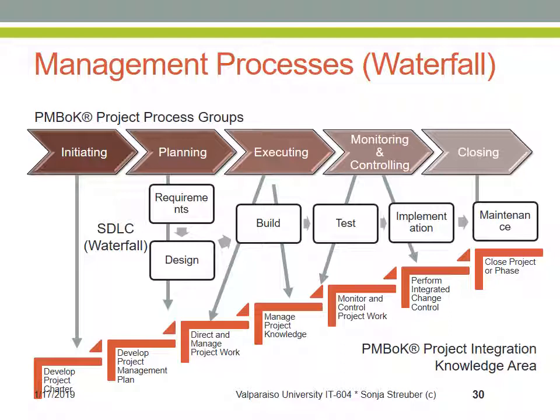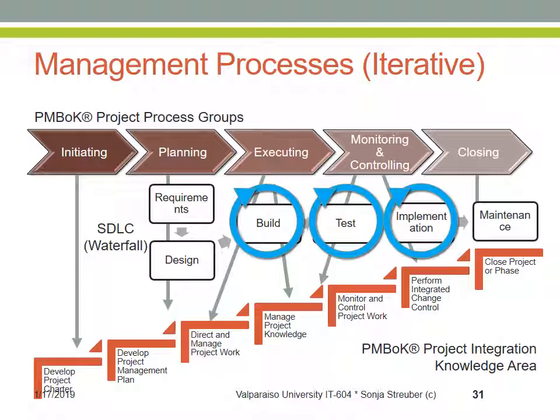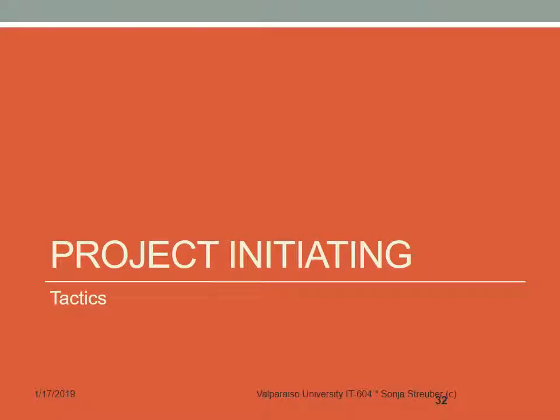And it doesn't matter whether that happens in a waterfall structure or, as we have discussed in the first module of this course, in an iterative fashion in which building, testing, and implementation in the SDLC happen a number of times over.